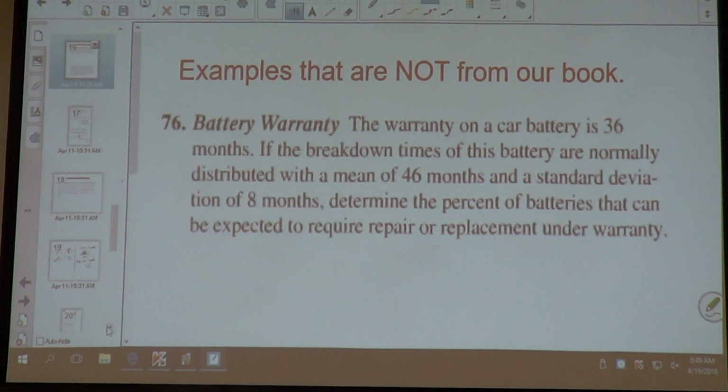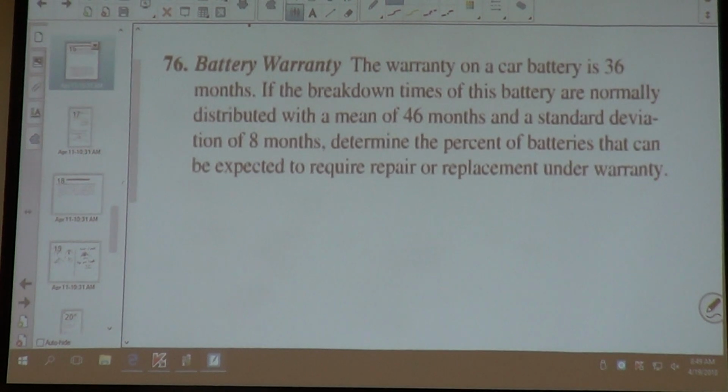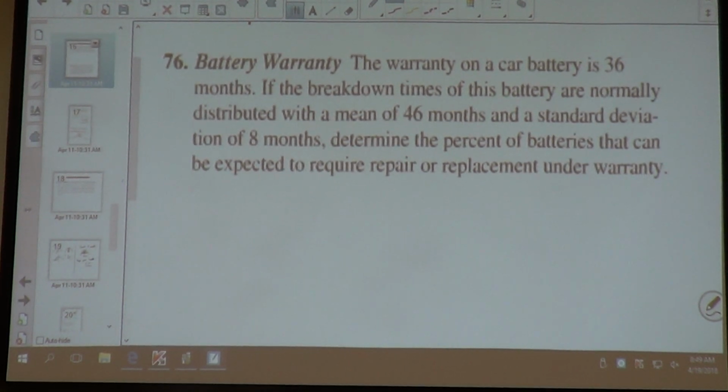Y'all ready for me? Y'all, they don't randomly say the car has a 10-year warranty or a 2-year warranty, or the drivetrain has a 5-year warranty, or the battery has a 46-month warranty. They don't randomly pick out those numbers.